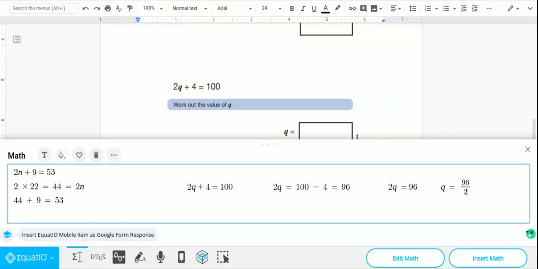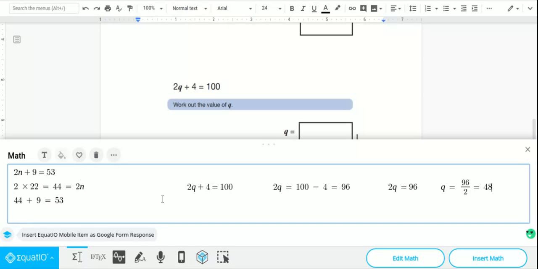So 96 divided by 2 gives you 48. So q is equal to 48. That's your answer, because 48 times 2 is 96, and 96 add 4 gives you 100.